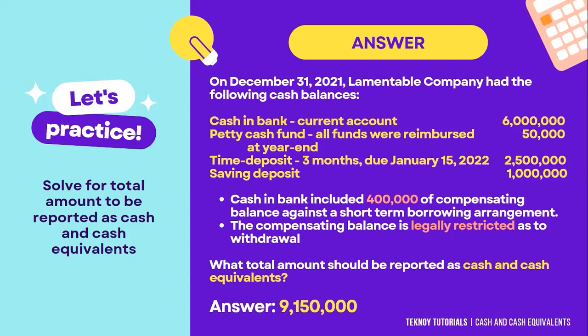However, we also deducted the 400,000 legally restricted compensating balance, which was included in the cash in bank. Again, that is how we arrived at 9,150,000. If you got that right, then why not give yourself 3 pats?